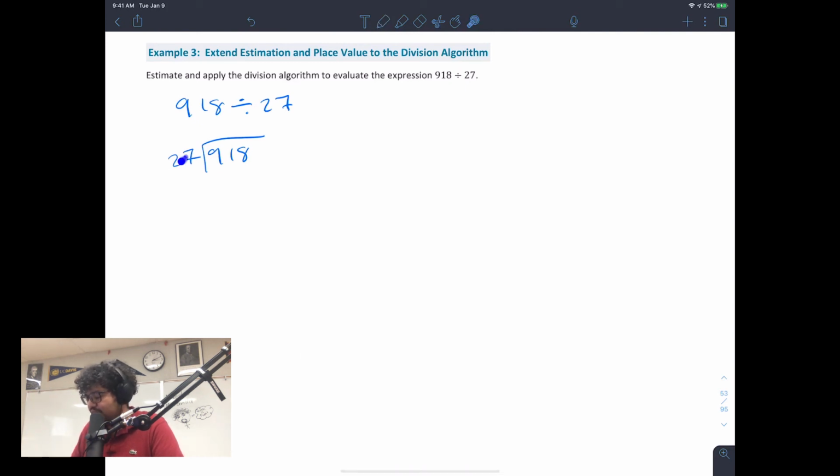The 27, we can probably round up to 30. And the 918, we can round it to 900. But if we actually round it to 920, so the 18 turns into a 20, then our answer will be even closer to the actual quotient. The estimate will be closer. But in this case, I'm going to keep it simple. So I'm just going to keep it at 900.